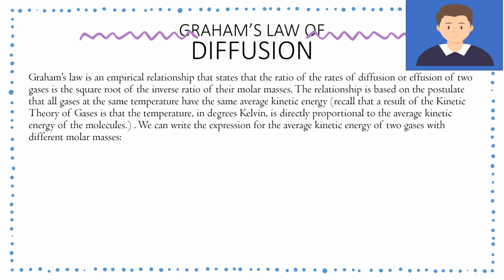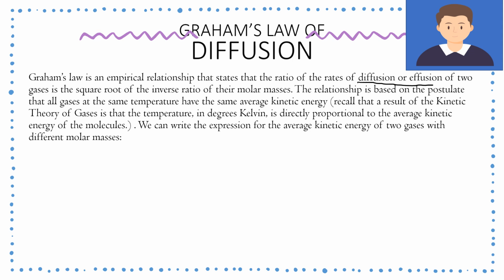Graham's law is an empirical relationship. It states that the ratio of the rates of diffusion or effusion of two gases is the square root of the inverse ratio of their molar masses. So how do we write that in terms of a mathematical equation?